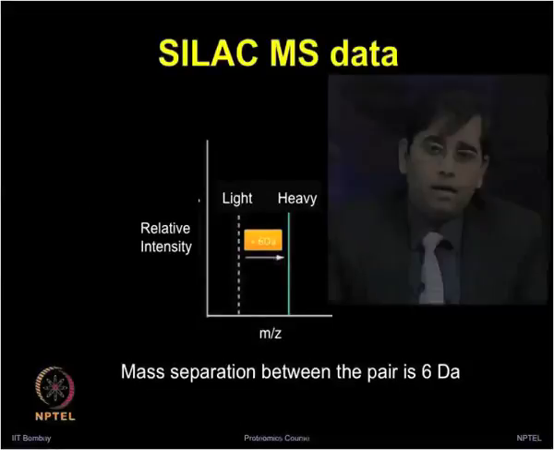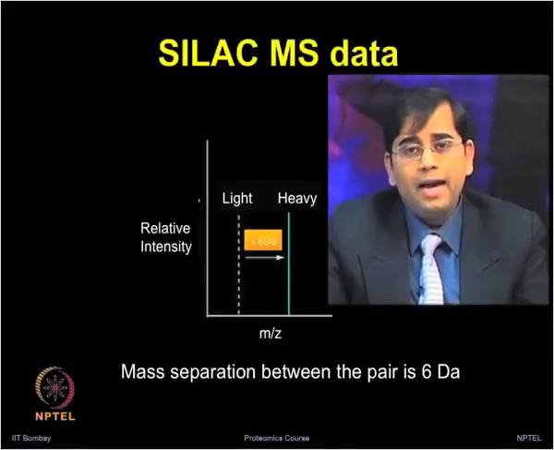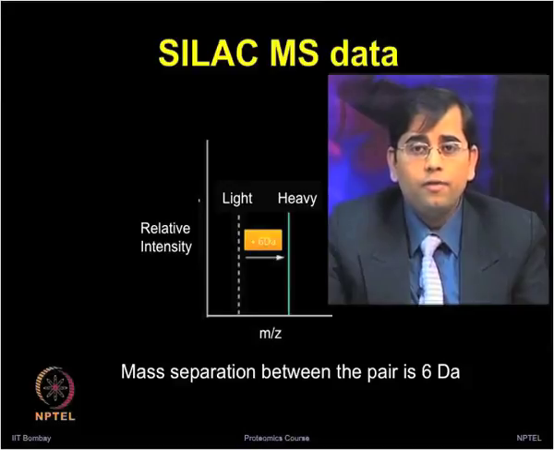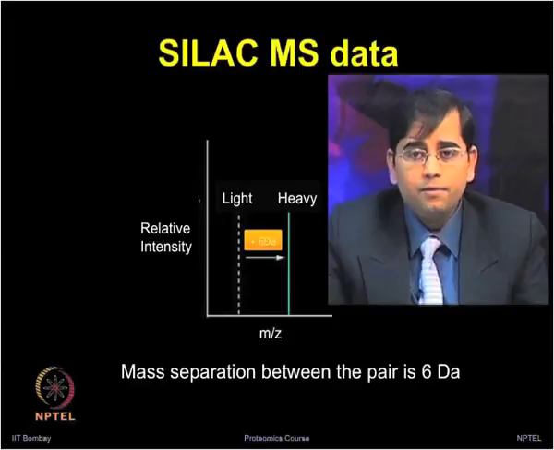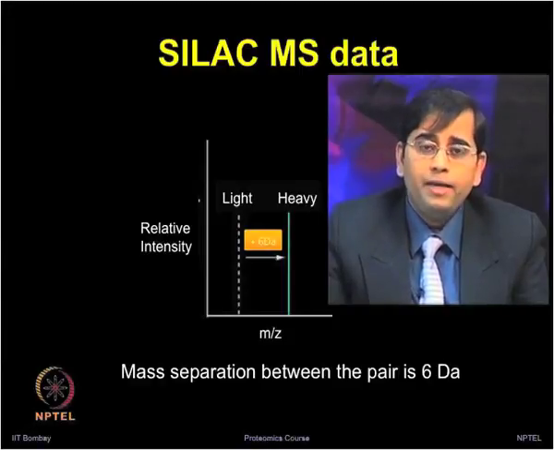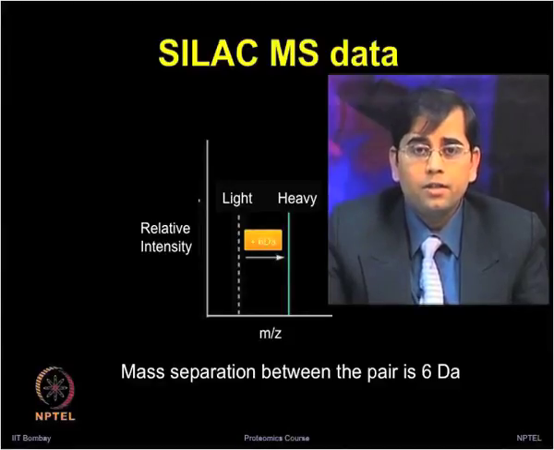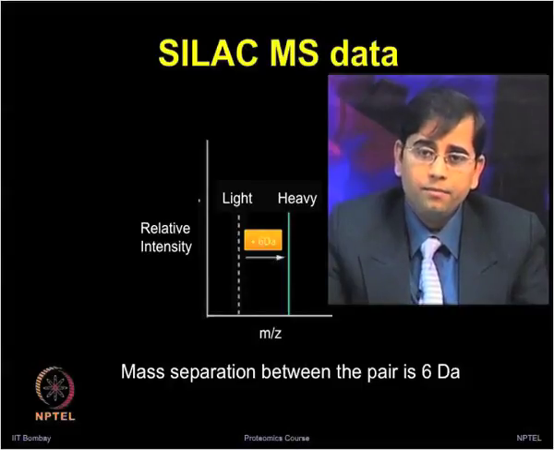So, in this MS spectrum, the pairs of chemically identical peptides of different stable isotopes can be differentiated due to their mass difference. The ratio of peak intensities for such peptide pairs demonstrates the population ratio for the two proteins.